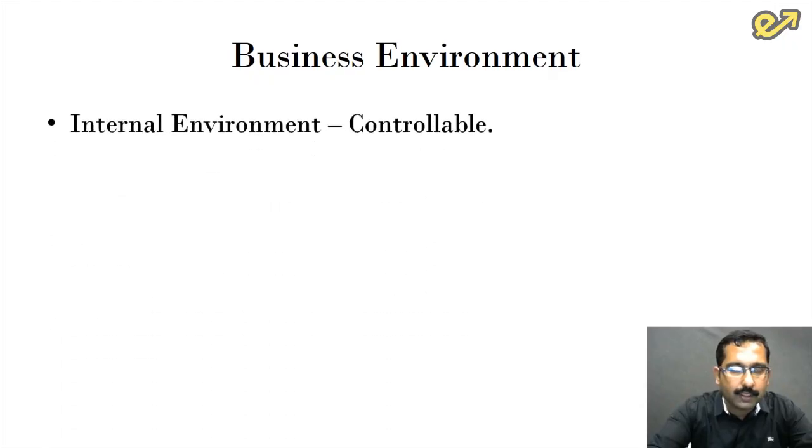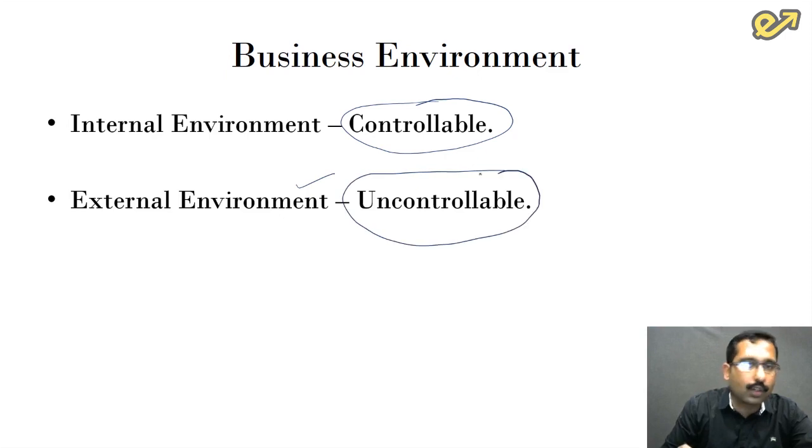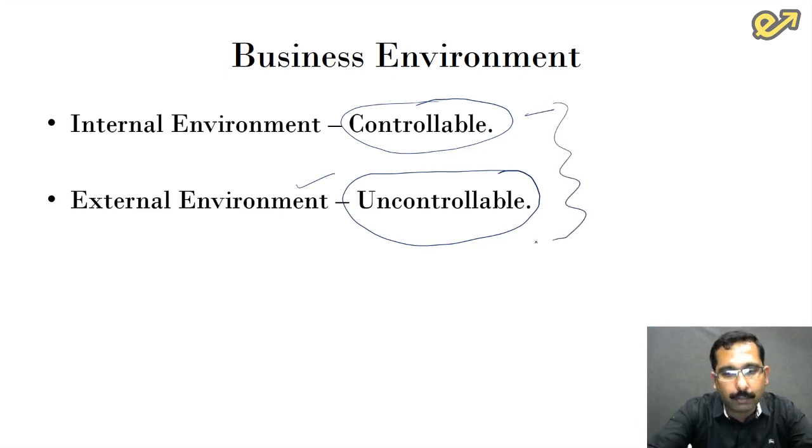Like discussed earlier, business environment has two important components. One is the internal environment, which is controllable, which the business has complete control over. And the second one is the external environment, and here the business has no control over it. In the slides to follow, we will see the different components of the internal and the external environment.